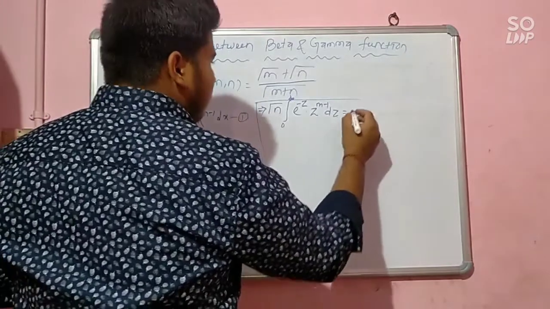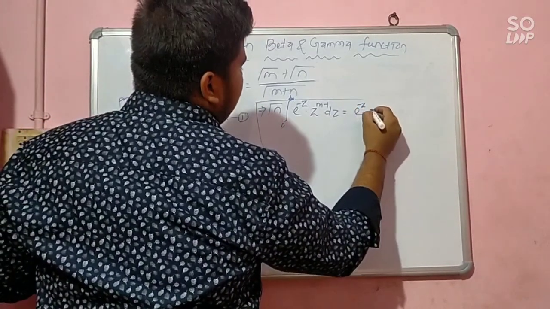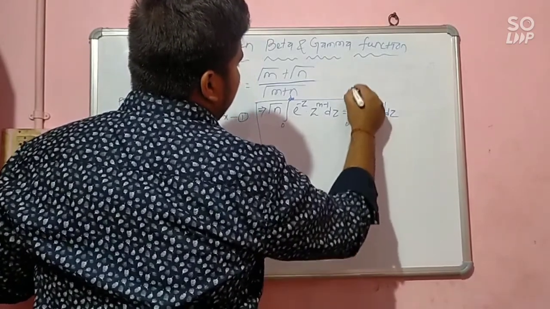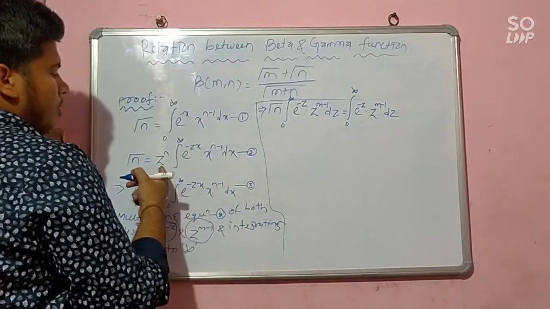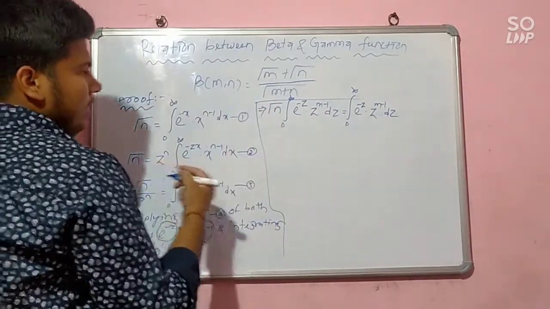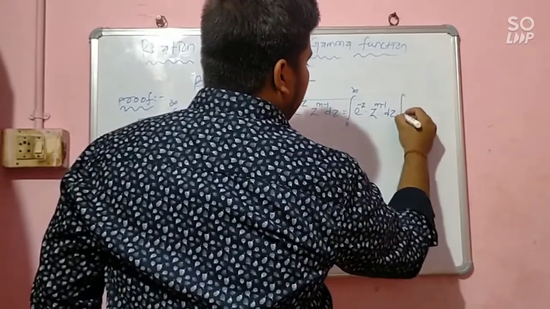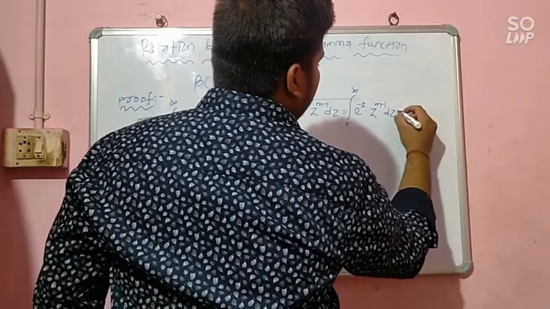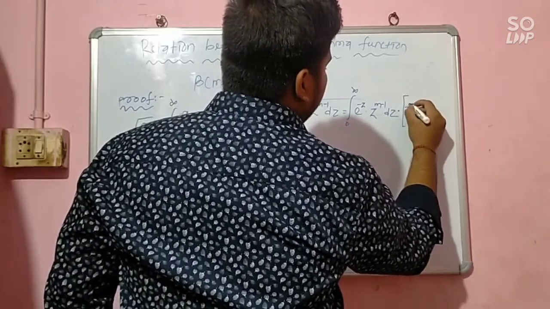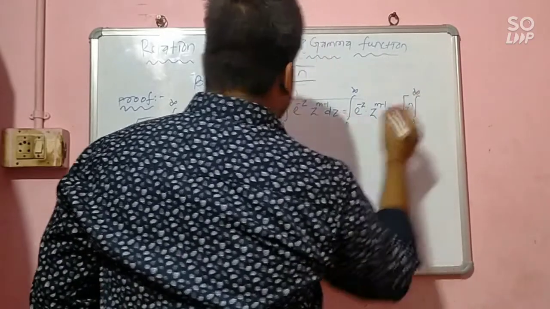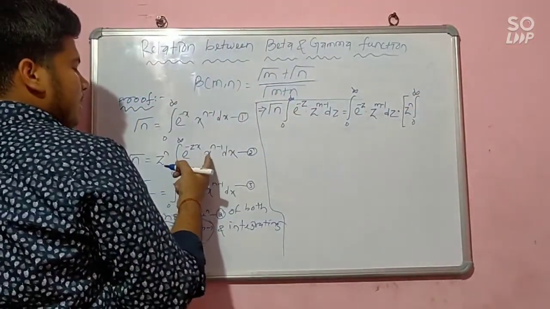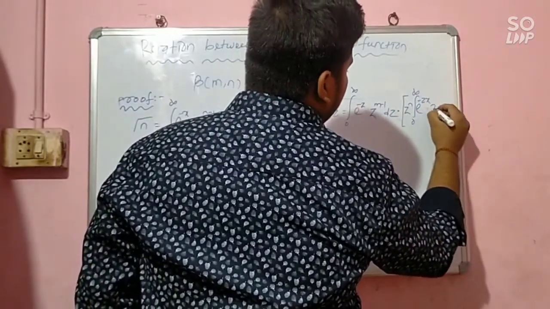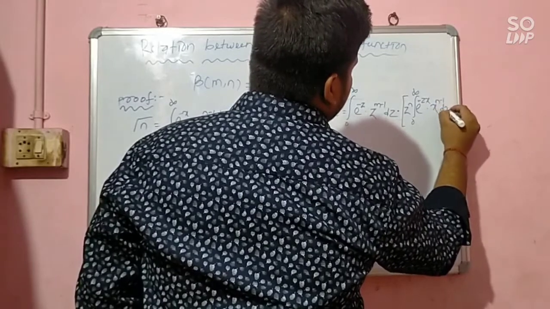So we get e to the power minus z into z to the power m minus 1 dz integrating from 0 to infinity, and this term is also multiplied with z to the power n, the integral from 0 to infinity of e to the power minus zx into x to the power n minus 1 dx.